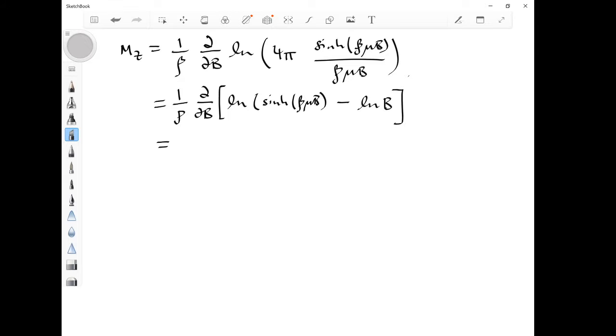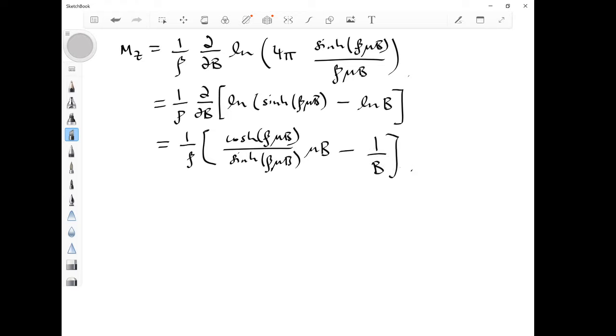And so doing this derivative, we end up with 1 on beta, cosh beta mu b on sine beta mu b, and then we've got a mu there, and then minus 1 on b. So this is going to be equal to, that's not right, it should be a mu and then a beta.